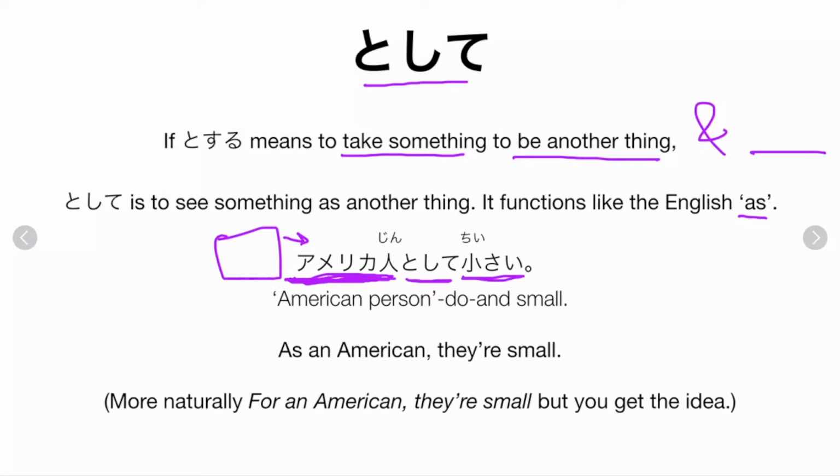So as an American, they're small. Realistically, if I was translating the English, I would call this for an American. But again, we don't need a one-to-one correlation of natural English to natural Japanese. We just need to understand the concept, and then we can figure out how to translate that into something that makes natural sense.